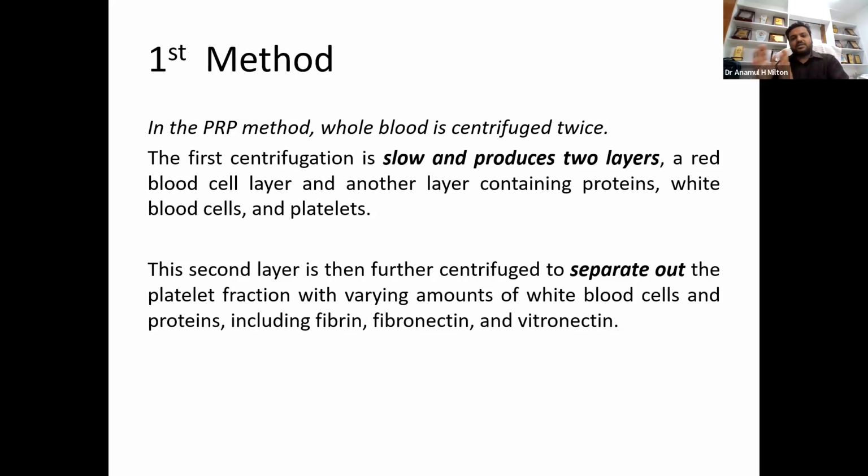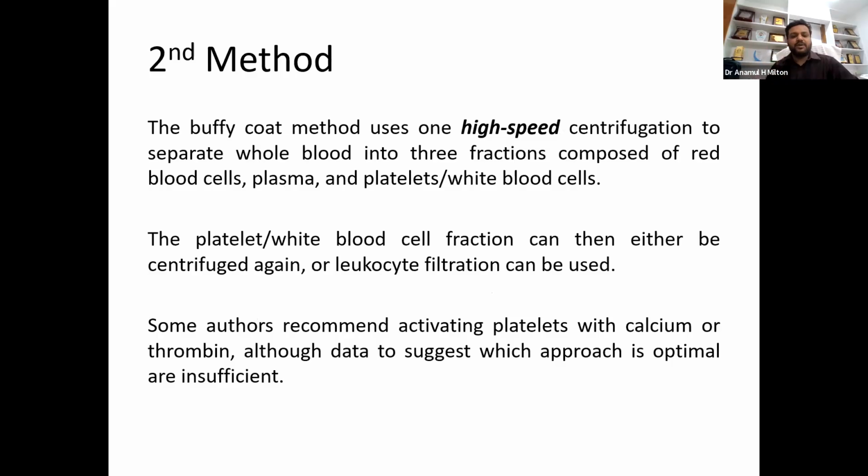These are the two separate centrifuge steps of one system, and the other system is called the Buffy coat system. Here we use a single high centrifuge, and it makes three parts. The bottom part is the RBC part.